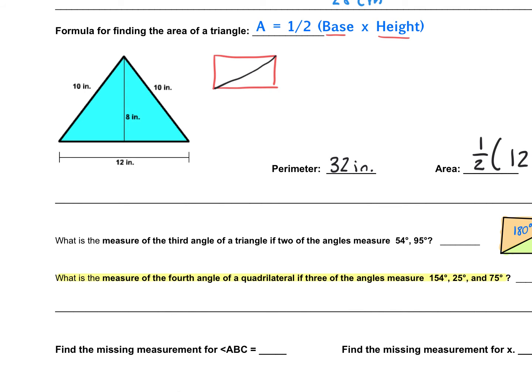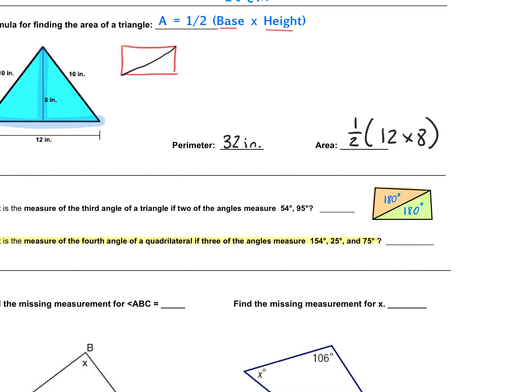Think about standing up nice and tall. Here is the height of my triangle. It intersects with my base, so I need to do 12 times 8 and take half of it. So 12 times 8 is 96. Half of that would give me 48 inches squared.